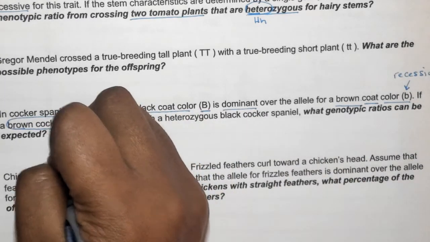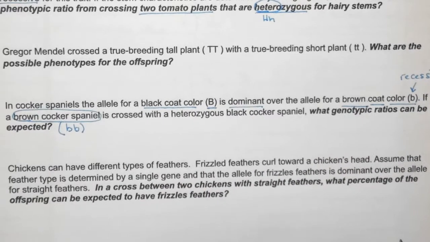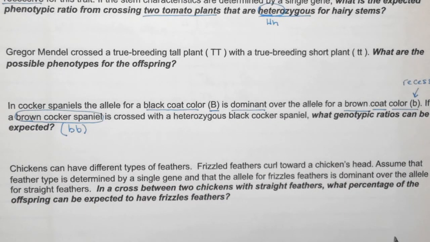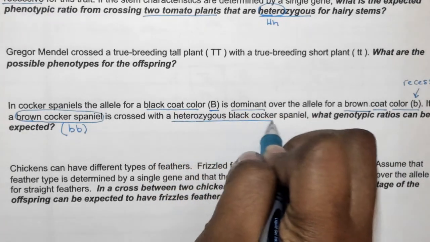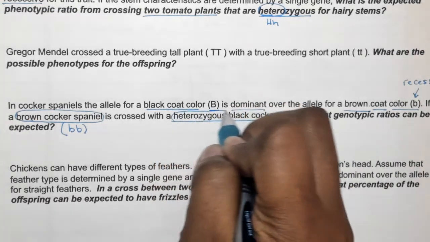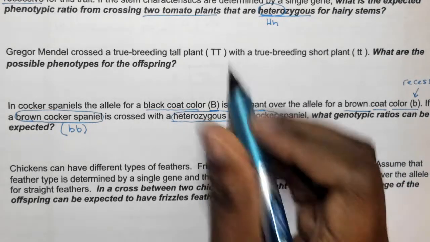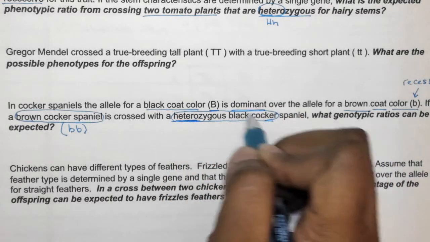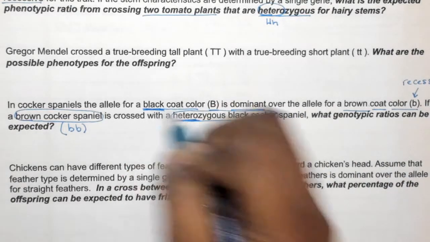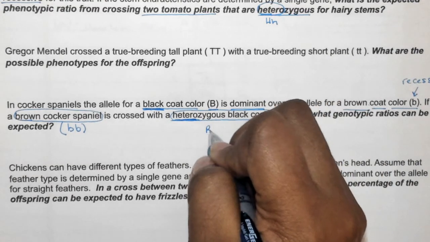So you already know what this dog's genotype is. And then you've got a heterozygous black Cocker Spaniel. We know that hetero means different, and we know that black coat is dominant. So it's going to be big B, little b.